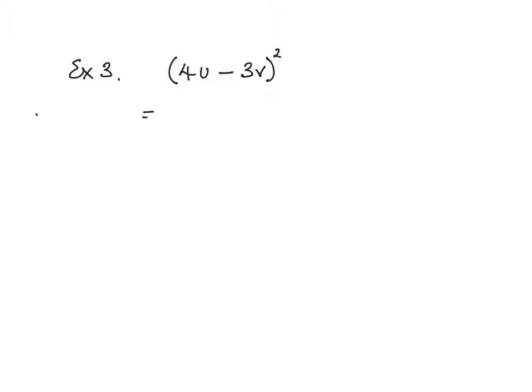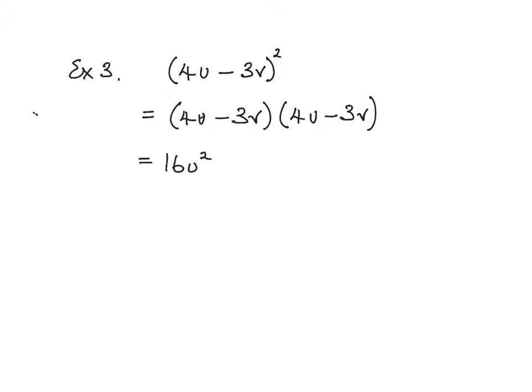Well, the first thing that we're going to do, of course, is to write out the bracket twice. Now, we have, that's 4u times 4u is 16u squared.